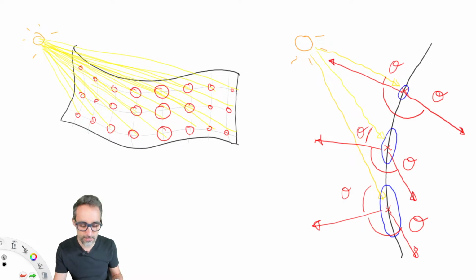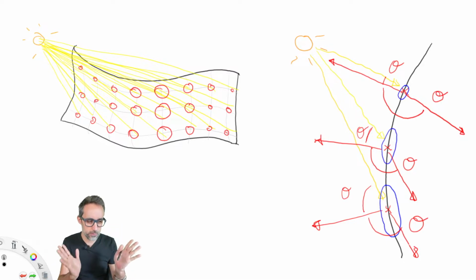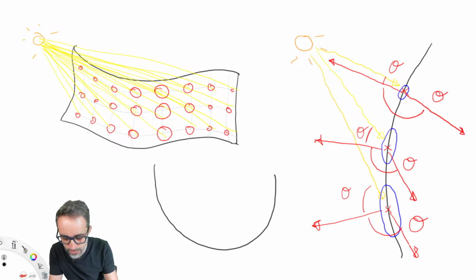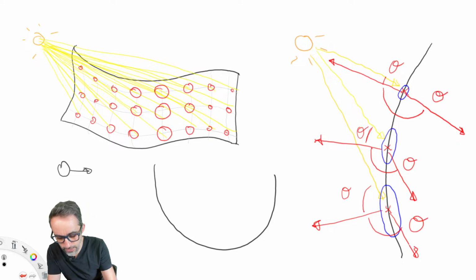So for example, let's take a look at the possible scenarios that we have with the sun incidence. Let's say we have a facade that was purely circular, okay? Something like this. And then we have the sun that is hitting this way. What possibilities can we have?